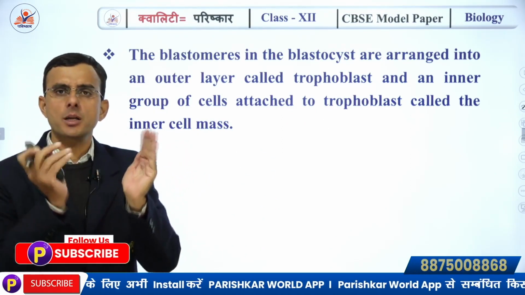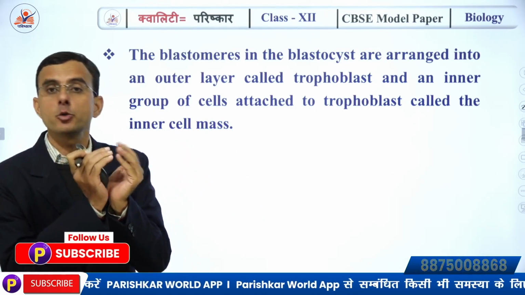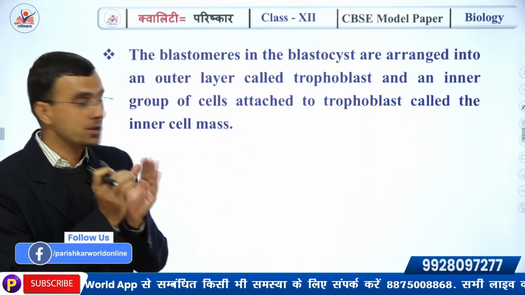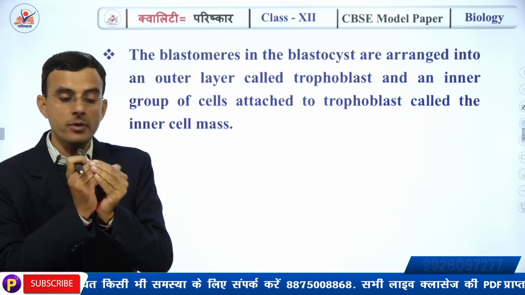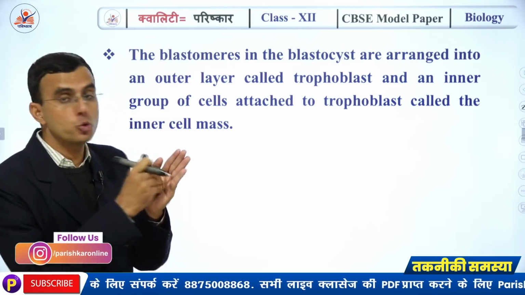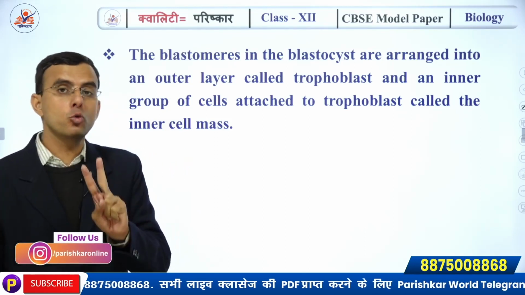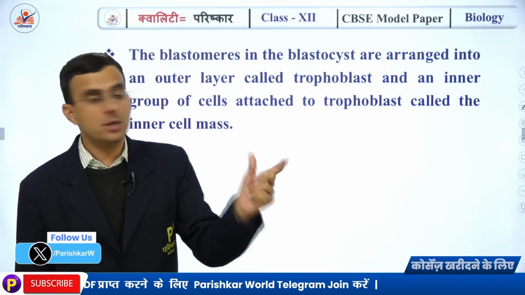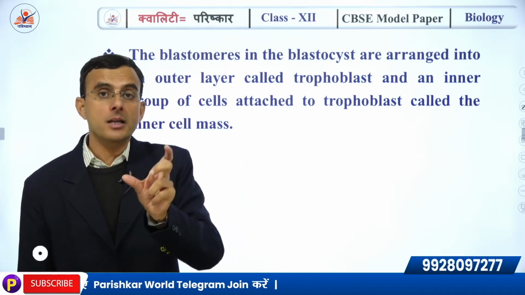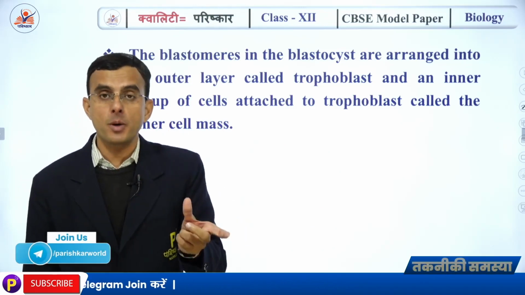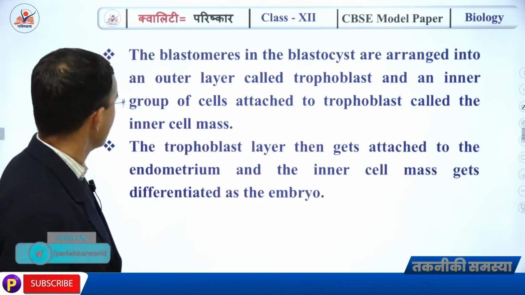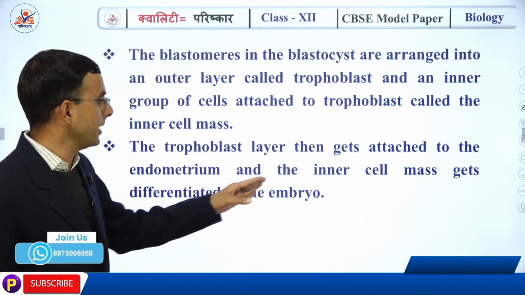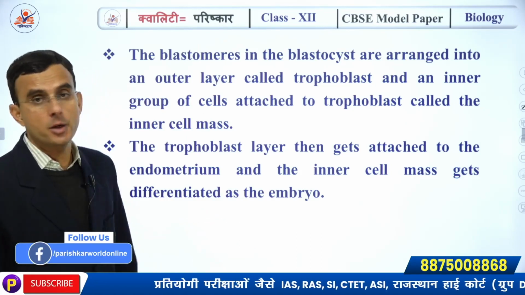Now the uterus grows and surrounds the embryo. Here there are 2 differentiations: the outer layer attaches to the uterine wall, and the inner layer develops into the proper embryo. The trophoblast layer gets attached to the endometrium, and the inner cell mass gets converted into the embryo.